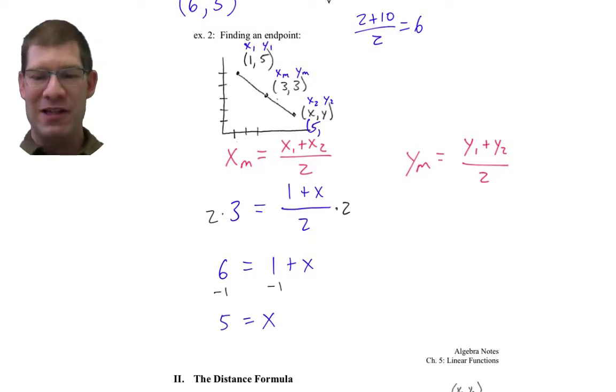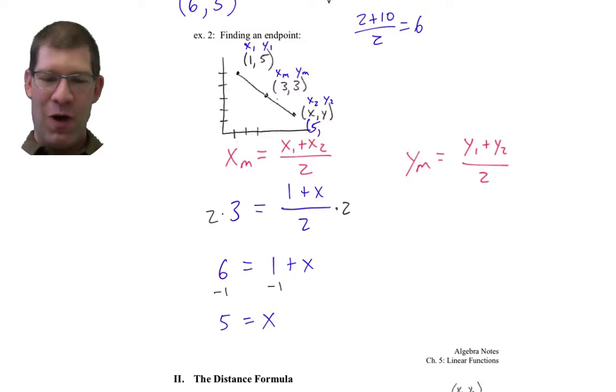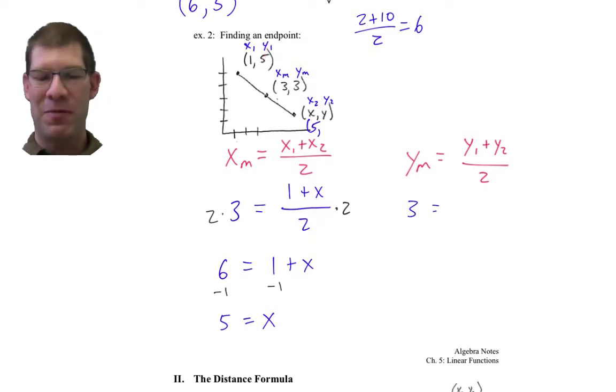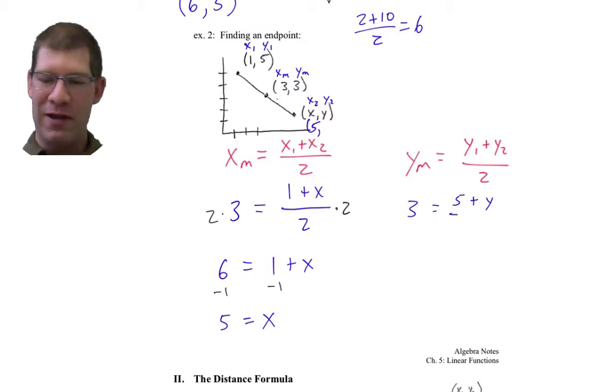Now we go through and do the exact same thing for the y's. Y sub m is going to be this middle point right here. So I put a 3 in there, equals y sub 1, which is my 5 from up here at the top, plus y sub 2, that's what we're trying to find. Actually, I'll just write a y, divided by 2. Now we do similar steps to before.